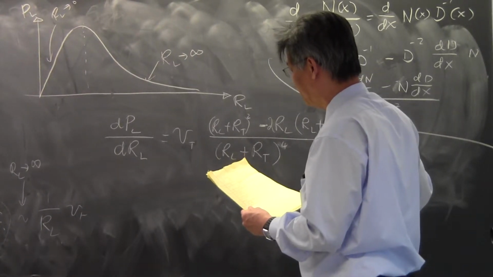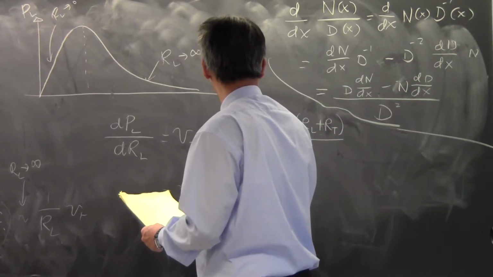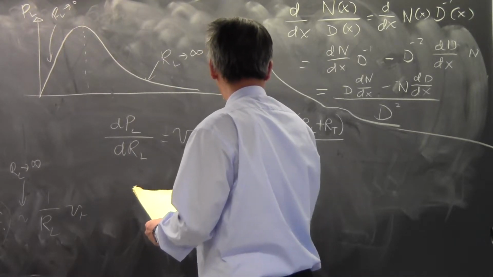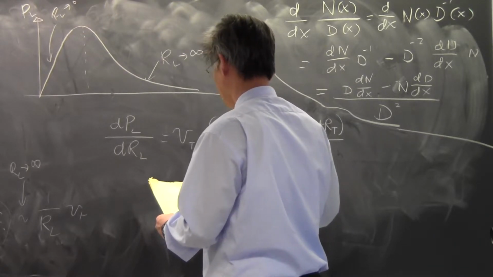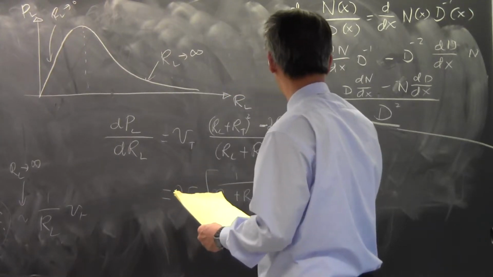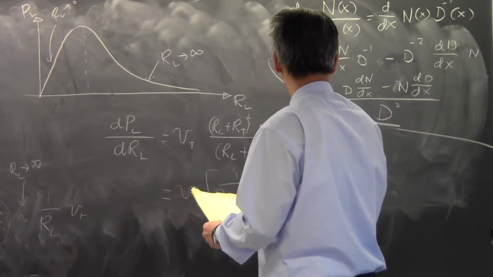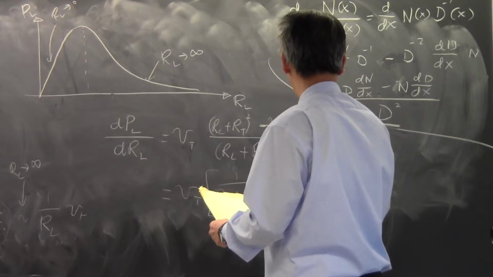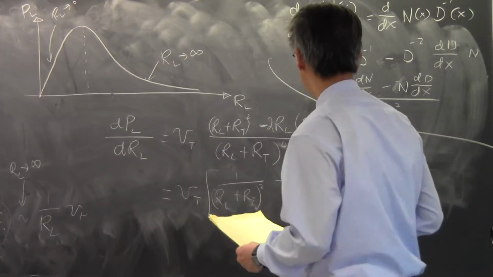So I guess this is my answer. And then I can simplify this. 1 over RL plus RT squared. Let me write this as this, and then this would be minus 2RL over RL plus RT cubed.